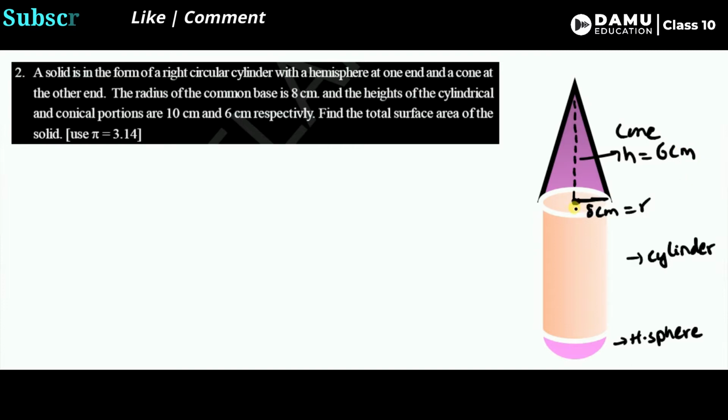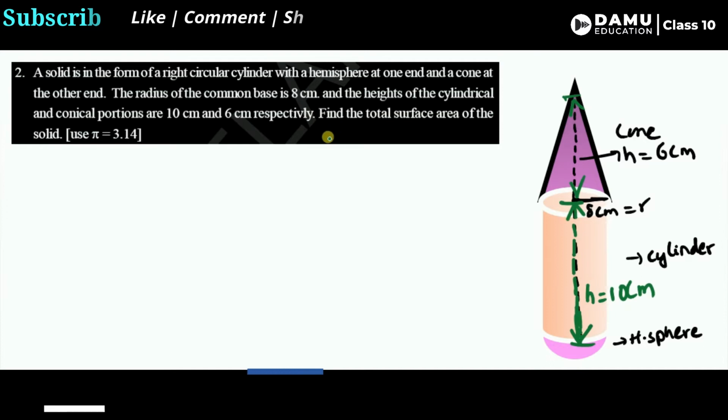Then the cylinder, from this corner to this end, is the height of the cylinder, h equal to 10 centimeter. This is the height of the cylinder and this is the cone height.